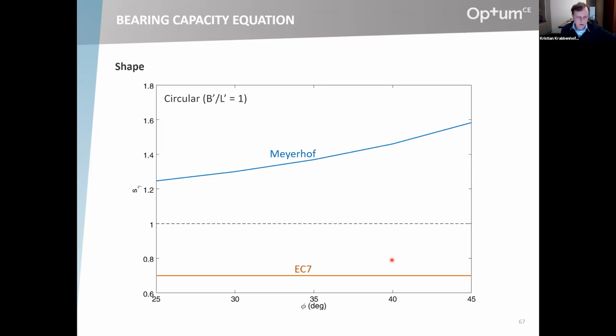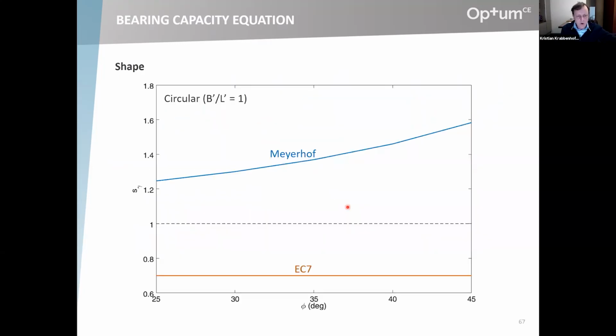Here you have the shape factor versus the friction angle, Eurocode 7 and Meyerhof. You have to get to a fairly large friction angle, 40 degrees or so, but then you will have a factor of 2, which is quite a bit.